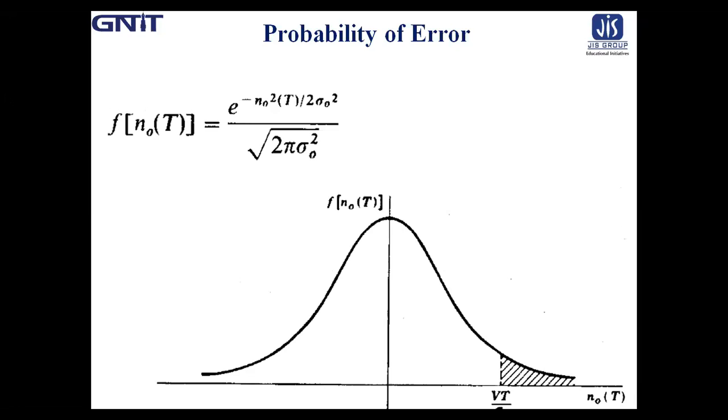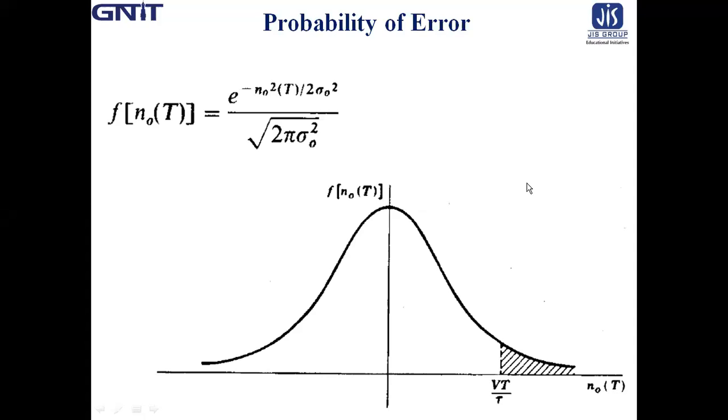If n0(T) is positive and larger in magnitude than VT by tau, then the total sample voltage v0(T), which is s0(T) plus n0(T), will be positive.